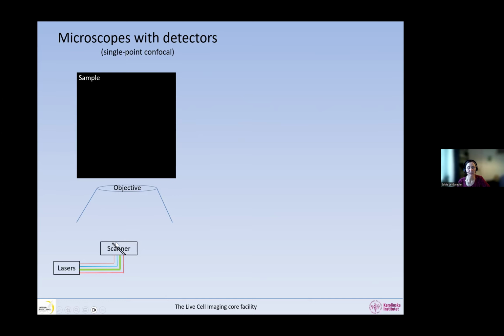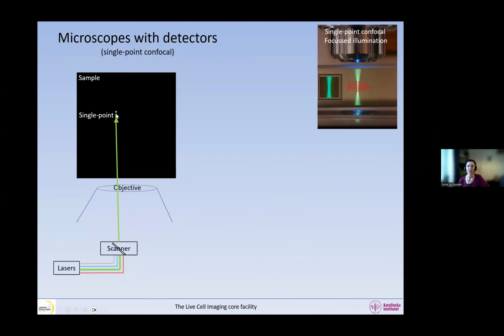And inside the scanner, there is a dichroic mirror. And this dichroic mirror is going to send one of the laser lights through the objective, because the excitation always goes through the objective, right? And it goes to the sample. So the sample gets illuminated, only one small spot. And so this is a single point of excitation.